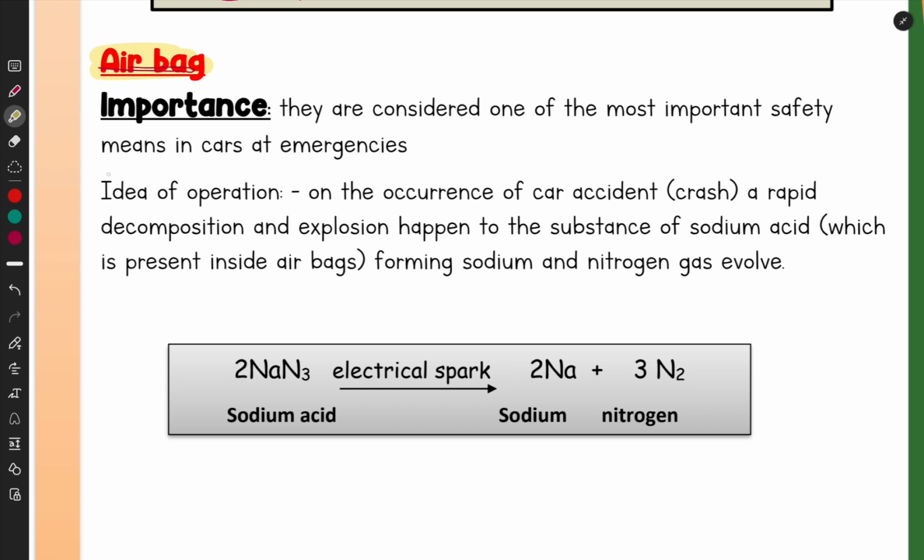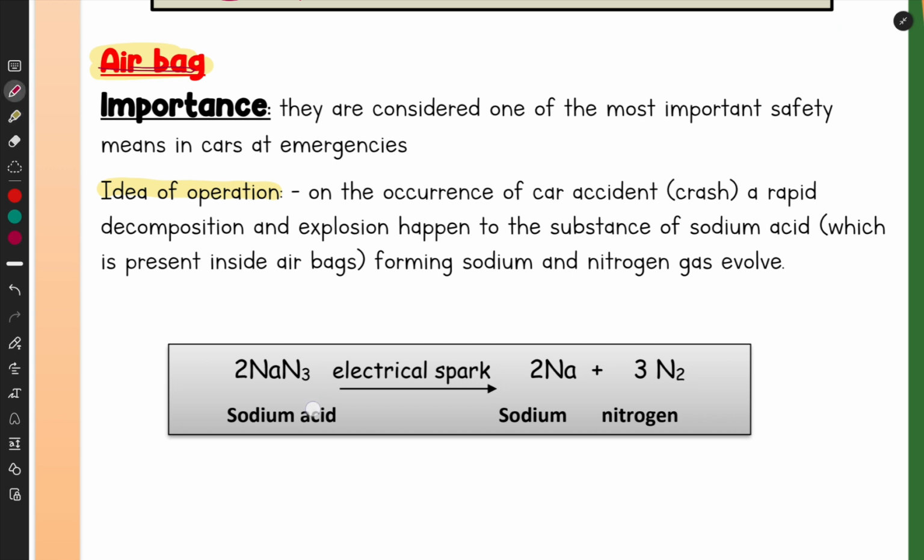The idea of operation: it has inside it NaN3. Na is sodium, N is nitrogen, so NaN3 is sodium azide, not acid.